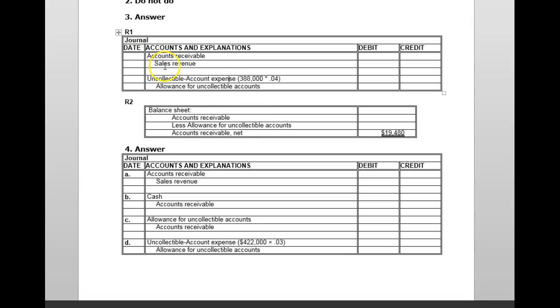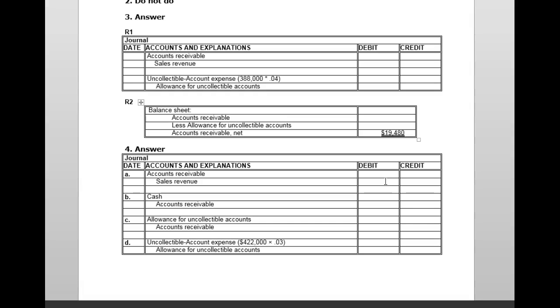So it's looking at the sales. We're looking at $388,000 worth of sales, and 4% of that is going to be uncollectible, or that's what we're saying. So if I have accounts receivable of $35,000, the amount that is uncollectible is $15,520, and that's what they're asking for on the balance sheet. So that's number 4. That's a good explanation of 4.